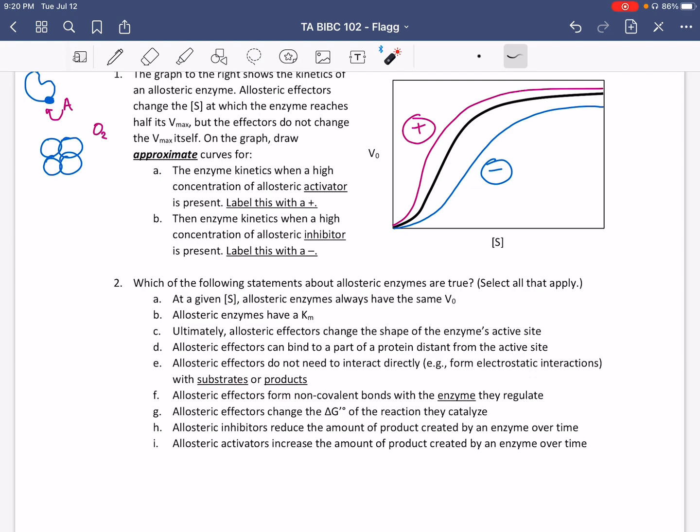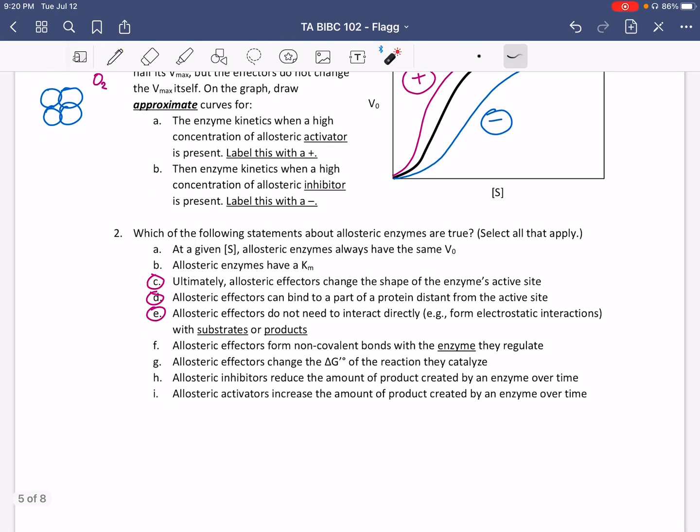That is true as well. Again, if an effector denoted as A over here binds to an allosteric site and changes the active site, the effector itself has nothing to do with interacting with the substrate. All it does is attach to another allosteric site and change the shape of the active site. So E is also correct. Let me go ahead and put some circles here. So C is correct, D is correct, E is correct.